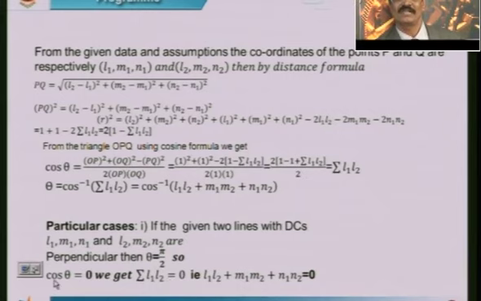This is a very important condition: L1 L2 plus M1 M2 plus N1 N2 equal to 0. If these 2 lines are perpendicular, then you can write this condition. Or if this condition is true, then you can say immediately the given 2 lines are perpendicular.